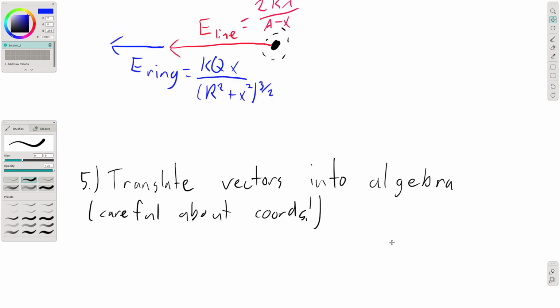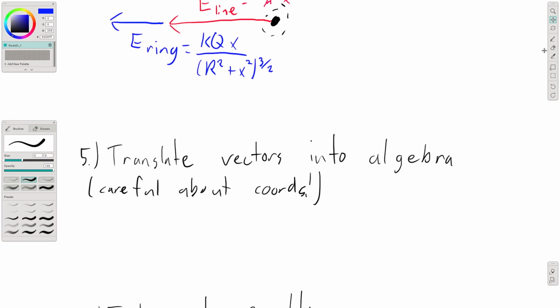And finally, I write those as vectors together. And knowing that they're both pointing in the negative direction, I'm just going to write minus E ring magnitude and also minus E line magnitude.